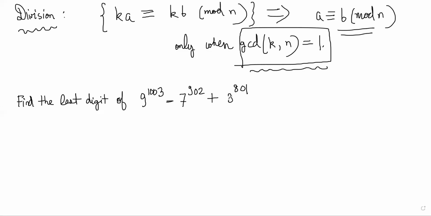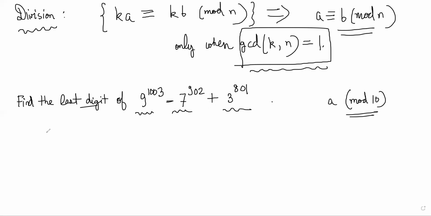If you want to find the last digit of any number, it is basically finding that number mod 10, right? What is the remainder when you divide that number by 10? So why don't you just take the modulus of each of these with respect to 10?